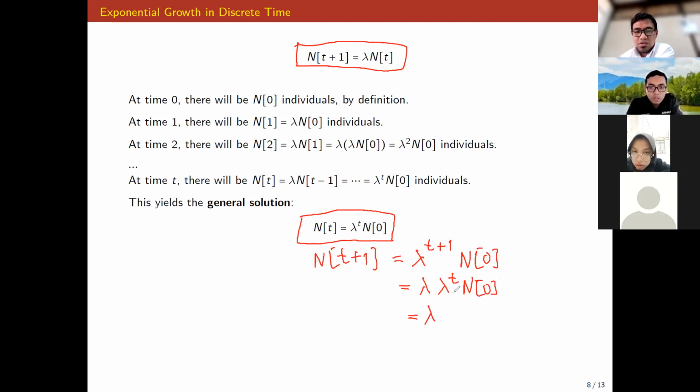And this one is what? This one is n_t. So this is consistent with n_{t+1} is equal to lambda times n_t. So this is the general solution, and this is the equation. The solution of this equation is this one.